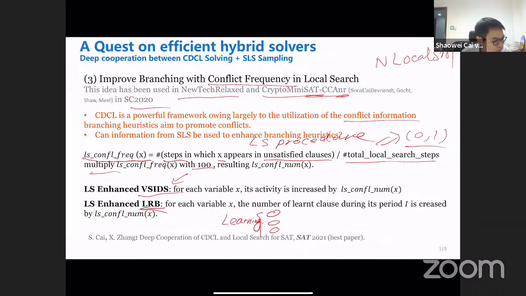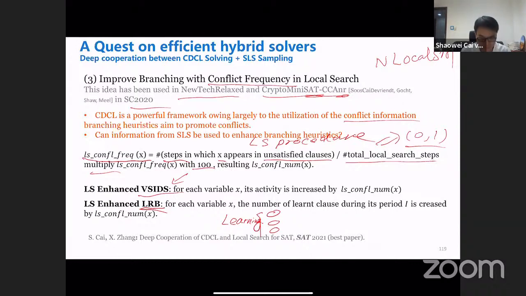Local search looks at the instance as satisfiable. So do you use different strategies for the SAT and UNSAT phases when integrating local search with CDCL?